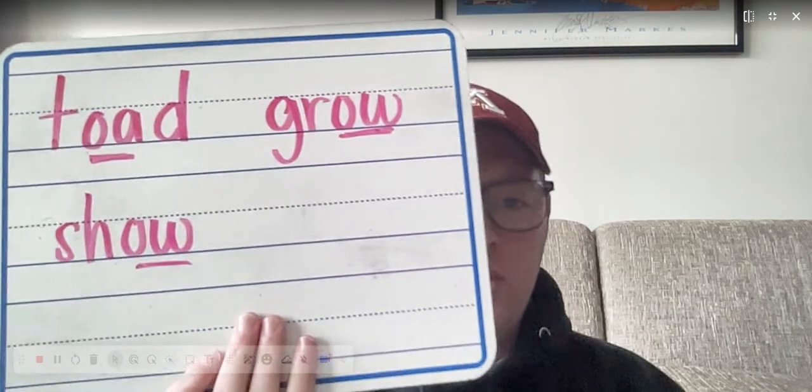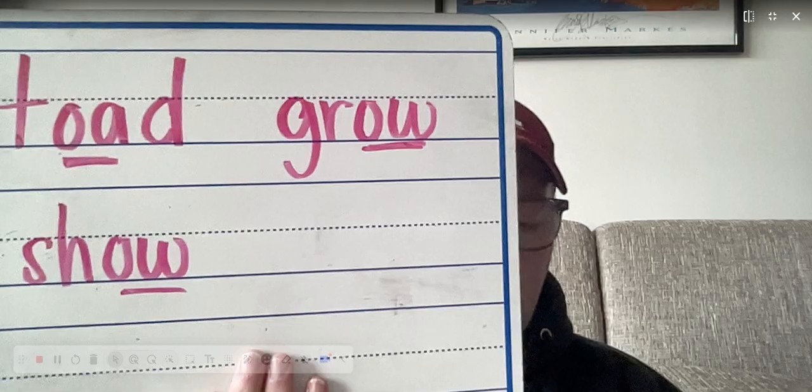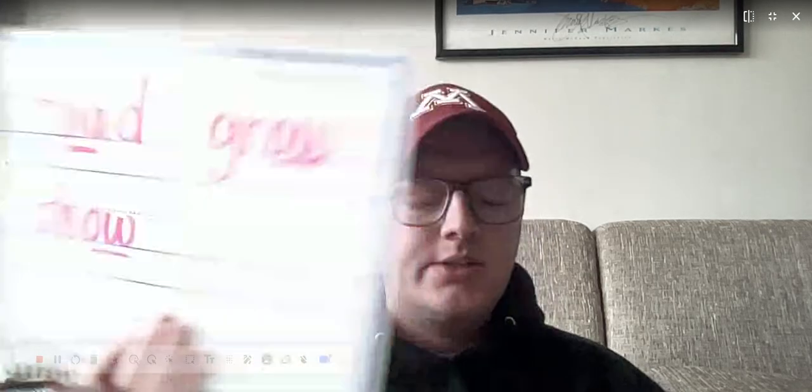Next, will you please spell show? Show. That long O sound is at the end of a word again, and it is still spelled with O-W. We have 2 more words. The next word I want you to spell is throat. If I tap that one, it's throat.